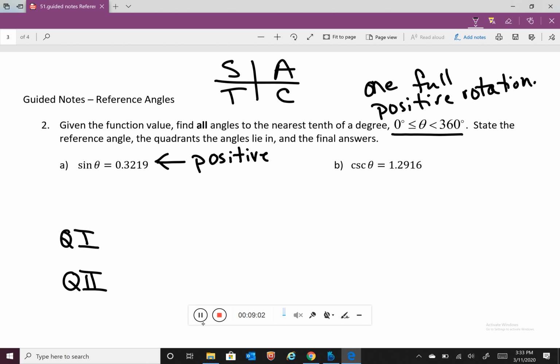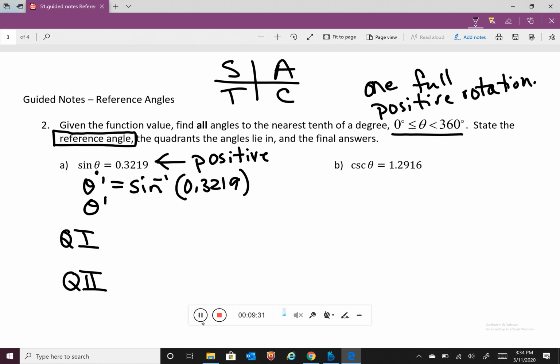The next thing we're going to do is find the reference angle. And this is the angle that will provide our answers for both quadrants 1 and 2. So remember, this is sine of our angle, not sine times our angle, but sine of our angle. So in order to find our reference angle, we're going to take sine inverse of 0.3219.